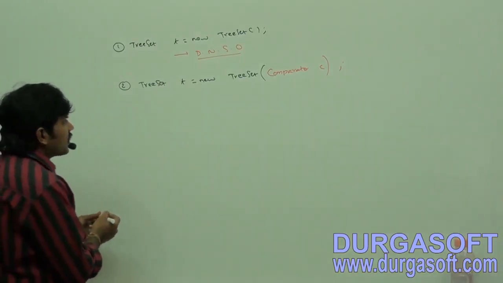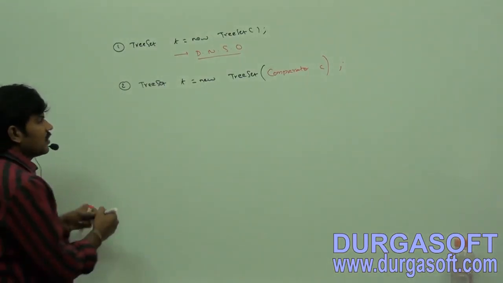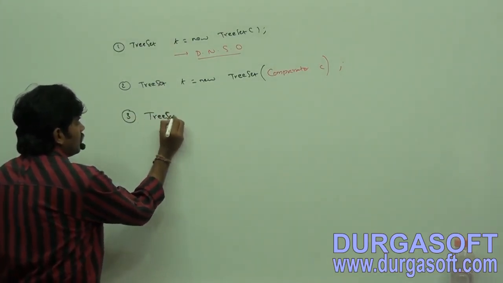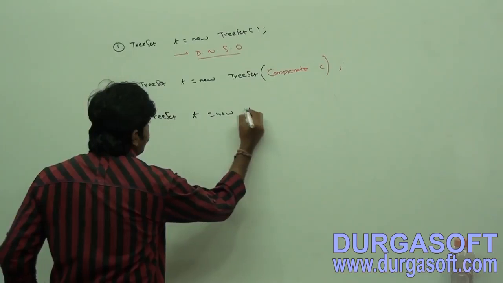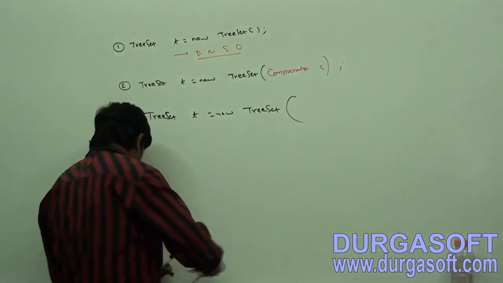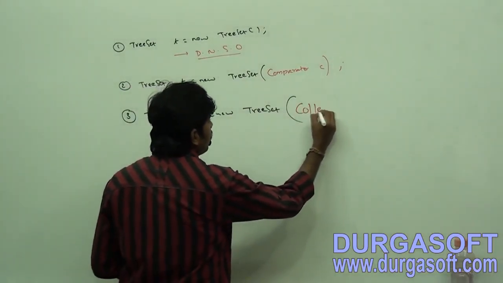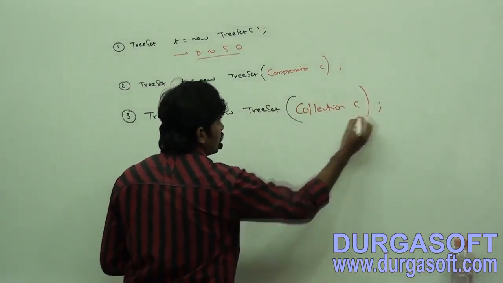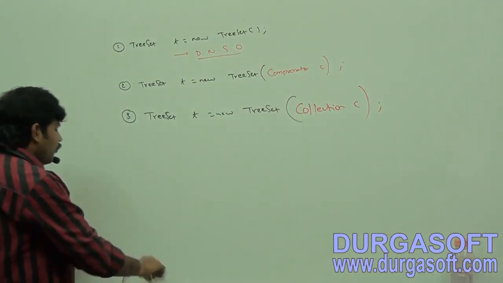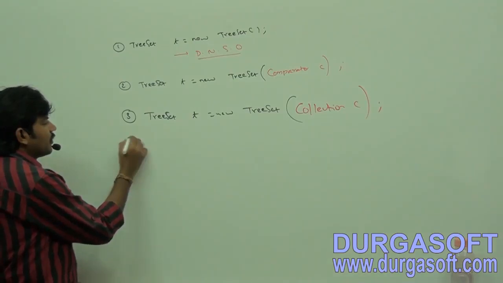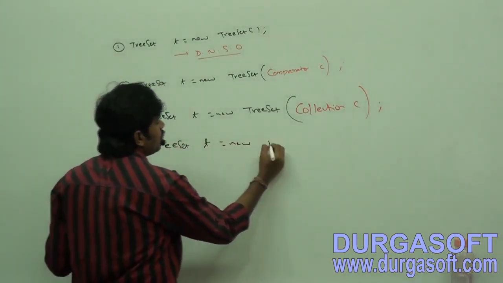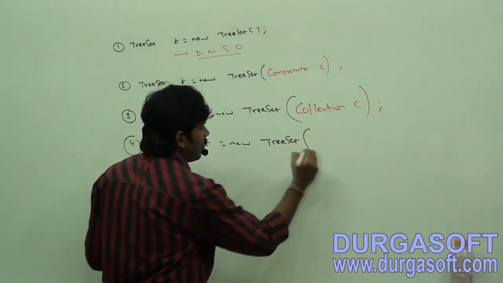Next, the third and fourth constructors are there, but normally not required to give that much importance. Third: TreeSet t = new TreeSet(Collection c). Have you observed? This constructor is for interconversion between collection objects. Fourth: TreeSet t = new TreeSet(SortedSet s).